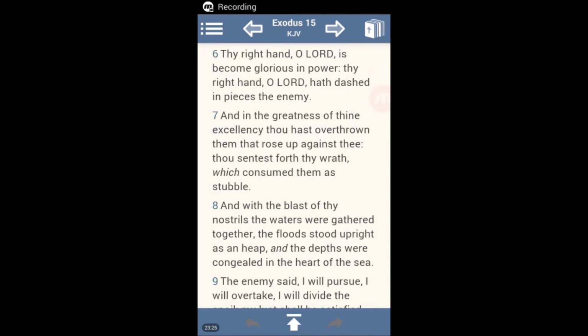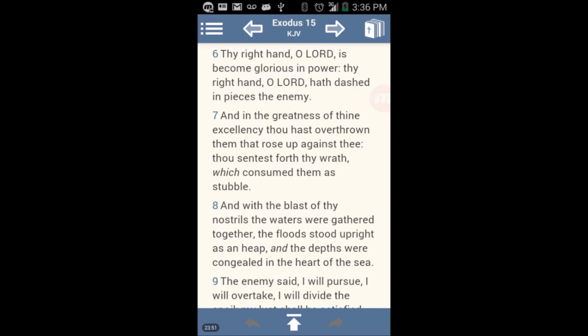Exodus 15:7. And in the greatness of thy excellency, thou hast overthrown them that rose up against thee. Thou sentest forth thy wrath, which consumed them as stubble. Because Abraham Lincoln is a representation of the Egyptian Pharaoh, if you don't believe that.